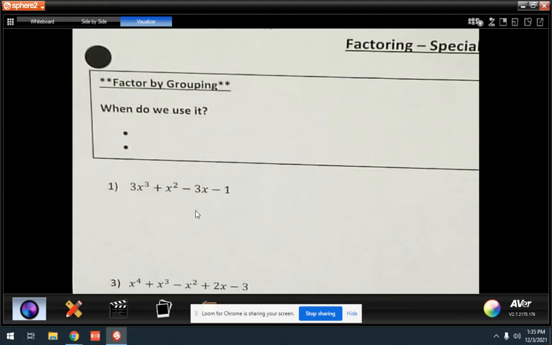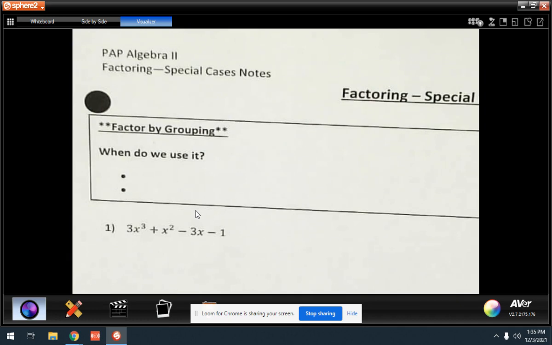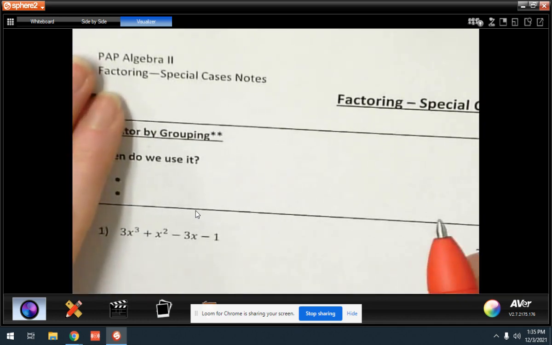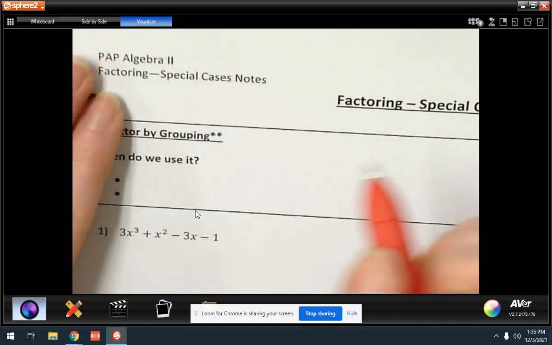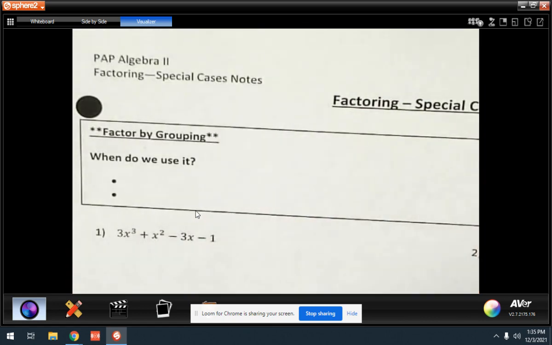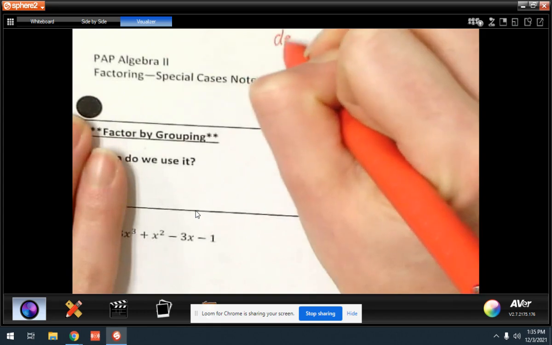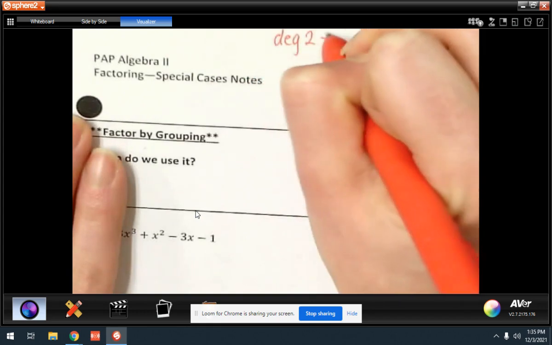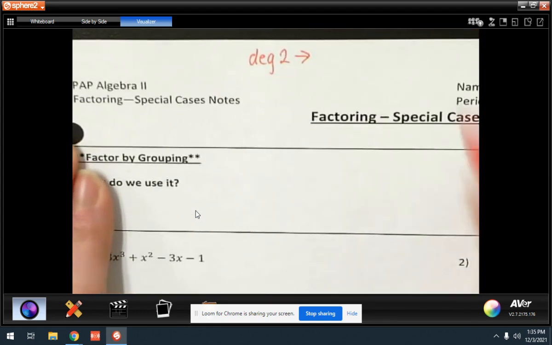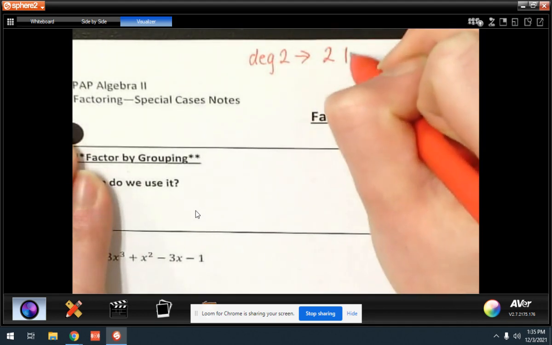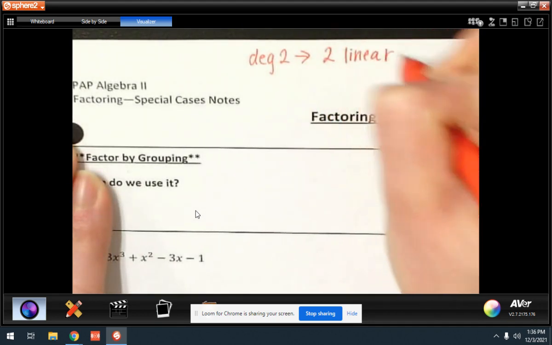All right, so we are factoring degree 3 and degree 4 polynomials. And so when you factor, the goal of factoring is to get everything in terms of linear factors. And so when we were factoring quadratics, that is a degree 2 polynomial, our goal was to get 2 linear factors.